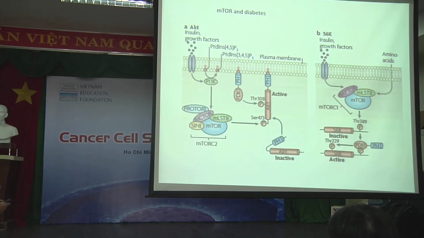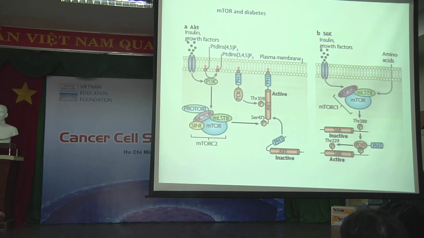And mTOR and diabetes, we will roughly mention, because the glucose and the insulin are highly regulated. One is the AKT. AKT is importantly regulated because of the insulin activation of PI3K, AKT, and mTORC1. We talked about this already; it's just to re-emphasize.